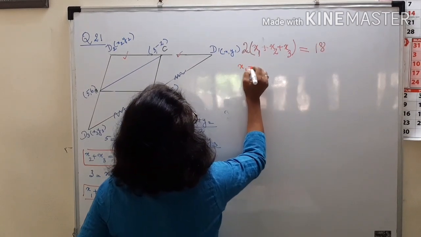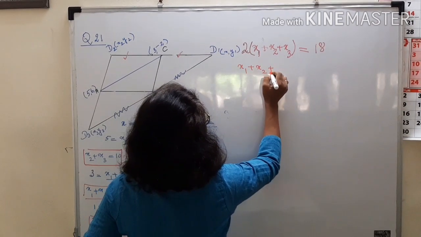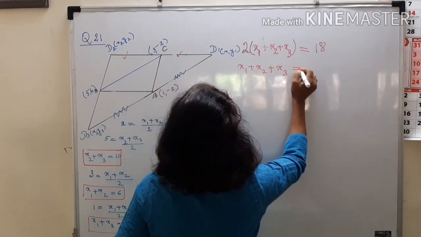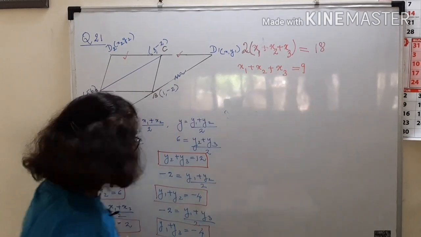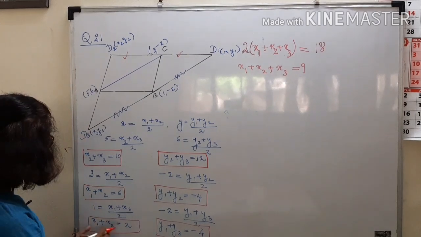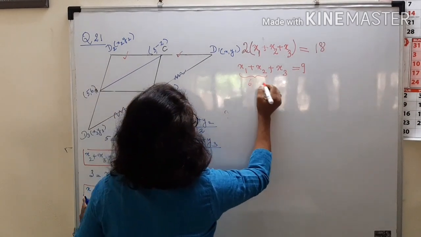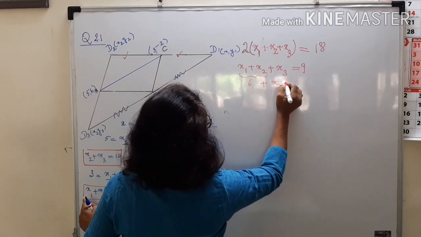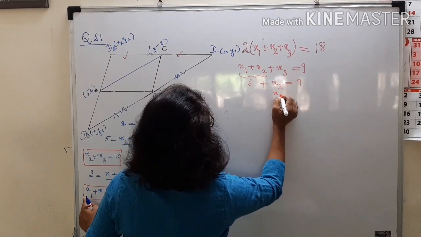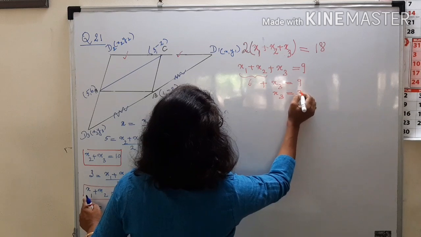We get x1 plus x2 plus x3 as 9. I substitute the value of x1 plus x2, which is 6, plus x3 is 9. Therefore, x3 is 3.